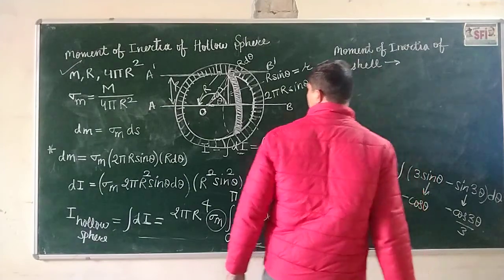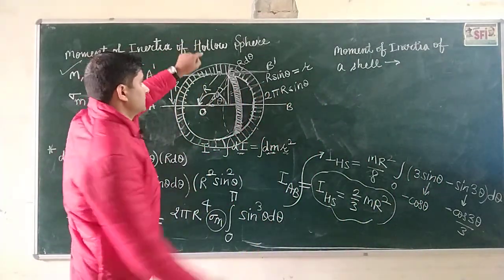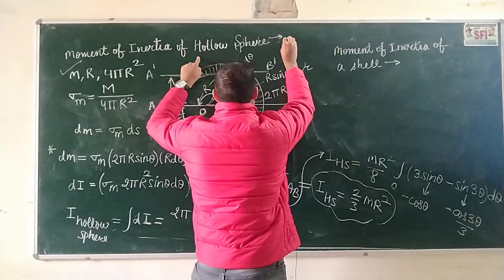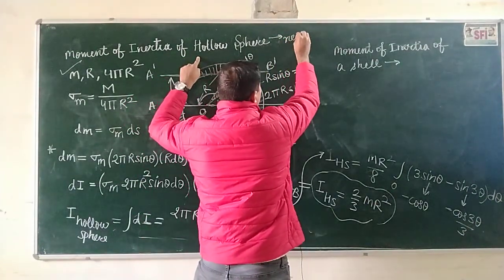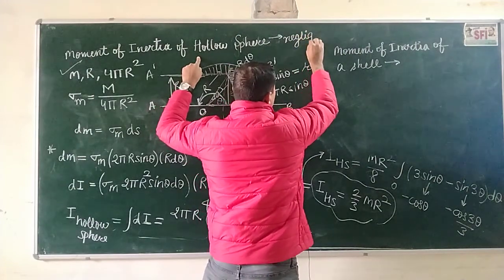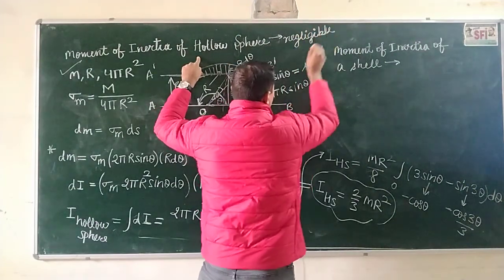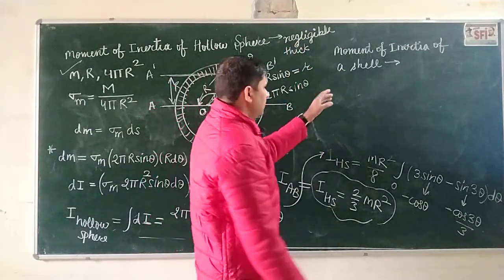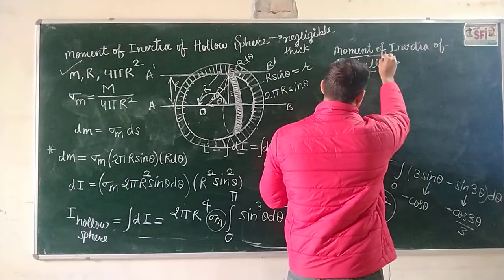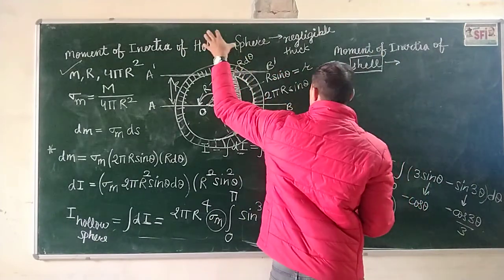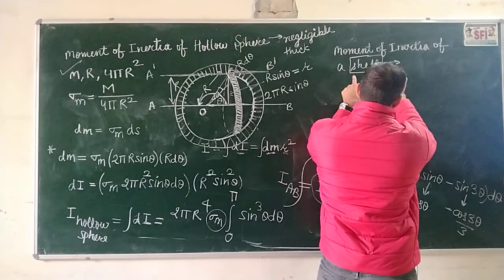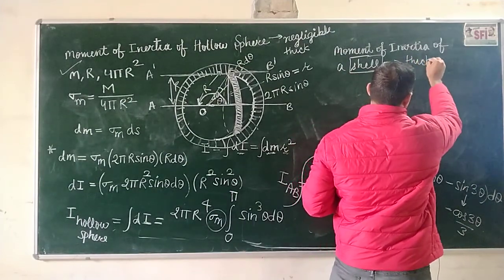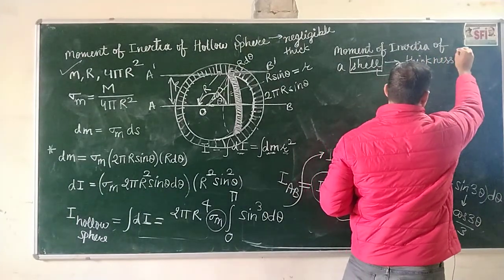This is a special case in which the hollow sphere, in the previous topic, was of negligible thickness. So we have neglected the concept of thickness in the previous case, and here we have a shell. The difference between shell and hollow sphere is that this is also a hollow sphere, but here the thickness is not negligible, so you have to count it.